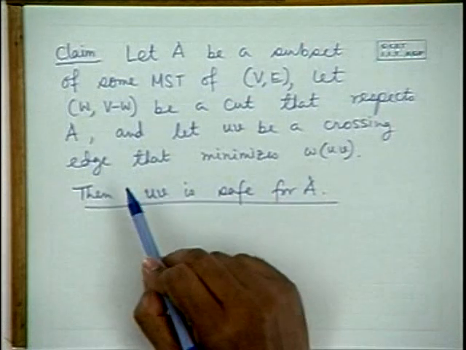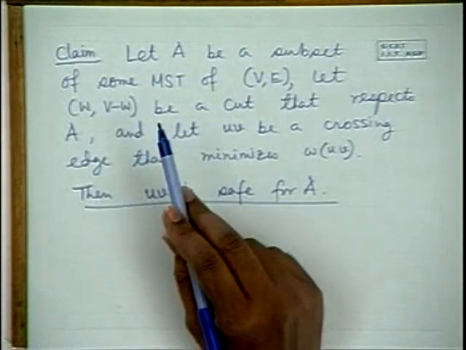If it happens that way, then look at all the edges which cross the cut and take the edge with the minimum weight, and that edge must be safe for A. So once we know this claim, we know how to compute a safe edge for A. We know what A is, we just take a cut. For that cut we know the edges which are crossing it. Look at the weights of those edges, take the edge with the minimum weight, and that edge must be included in the set A because it is safe for A.